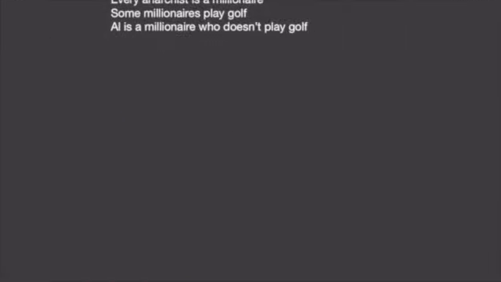Okay, now let's do this example, and this is given to us in English. It says, every anarchist is a millionaire, and some millionaires play golf. Al is a millionaire who doesn't play golf. So we can start by translating the sentences. Every anarchist is a millionaire: if something is an anarchist, then it is a millionaire.